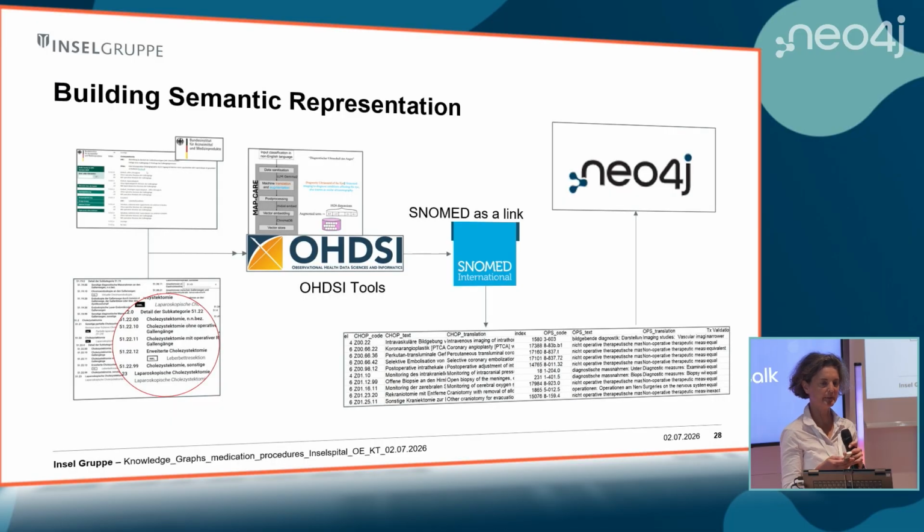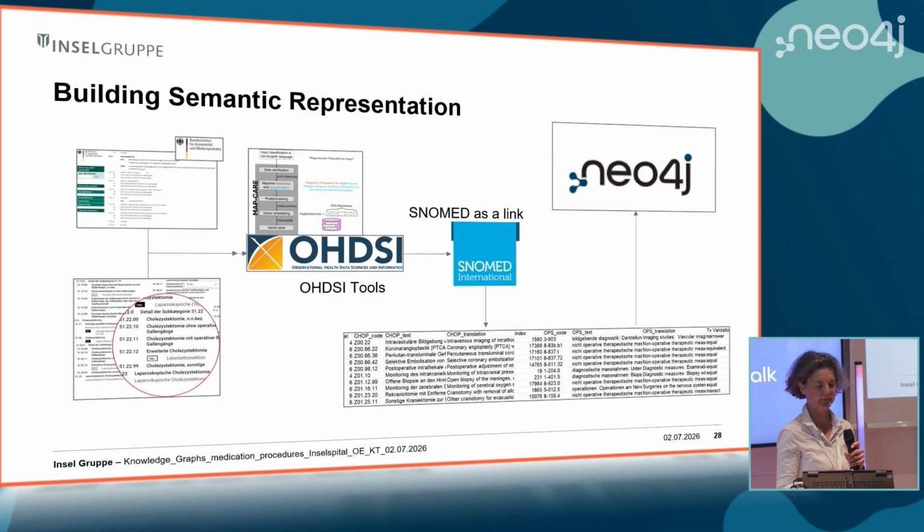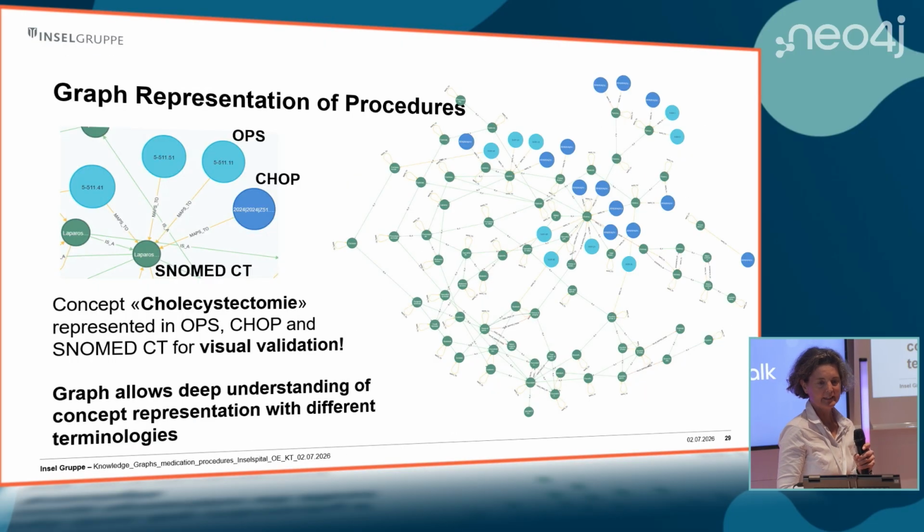So we mapped the German procedure classification to SNOMED and also the Swiss classification, and then evaluated the target SNOMED-CT identifiers concerning the similarity. And then we imported everything into Neo4j.